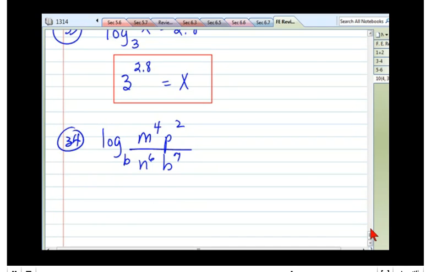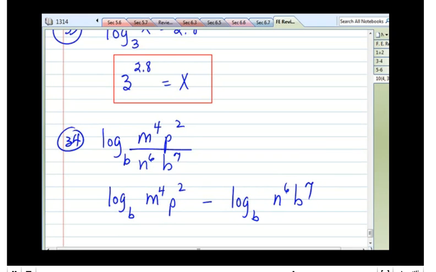First of all, this is a quotient. So what does a quotient mean? You subtract. So that'd be the first thing: log base b of this top part minus log base b of the bottom part.